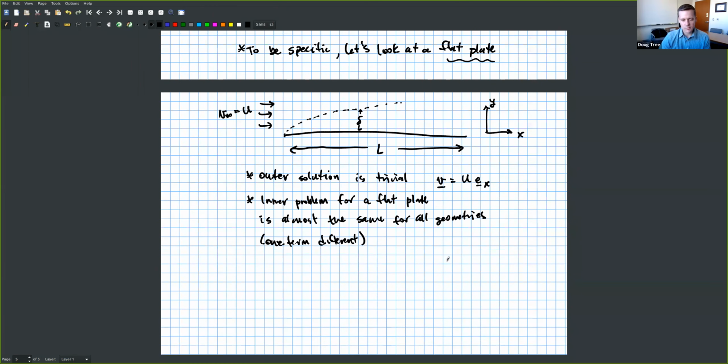It's almost the same for all geometries because curvature doesn't matter. Okay, and I'm not going to do the detailed derivation out, but if you'd like to see it, there is a transport book that has it. It's by Gary Leal, called Advanced Transport Phenomena.